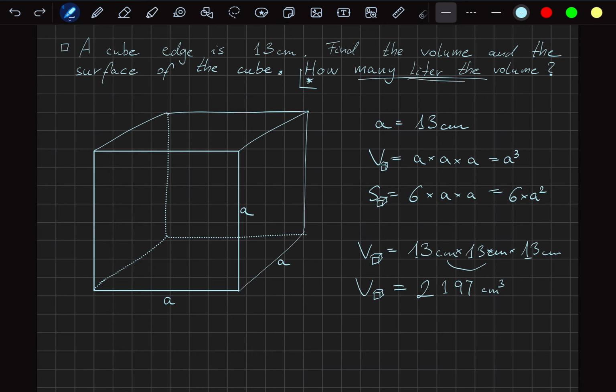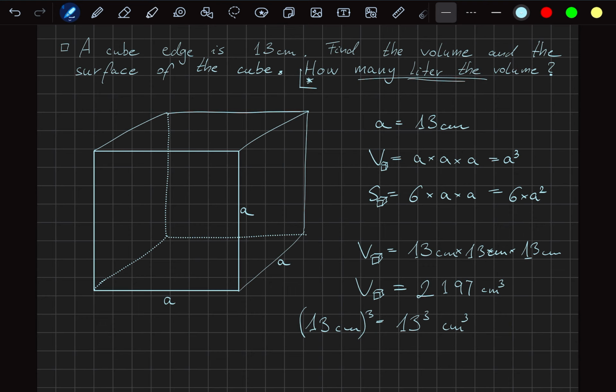So centimeters times centimeters times centimeter is centimeter cube. It's physics. And it's the same if I write like this. Here I multiply the centimeter, but we will not write the multiplication sign there.